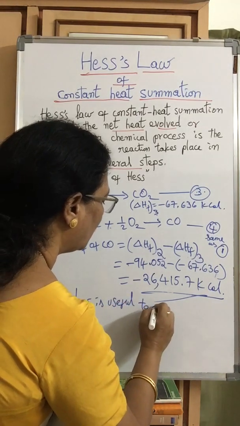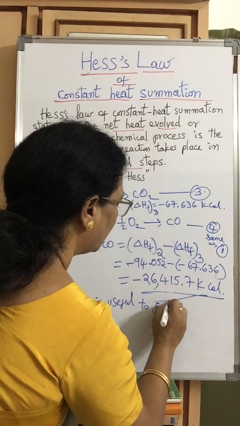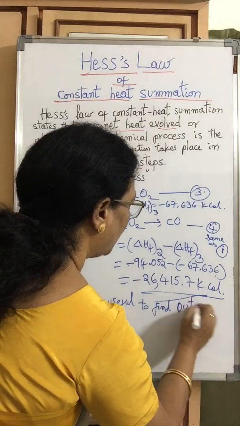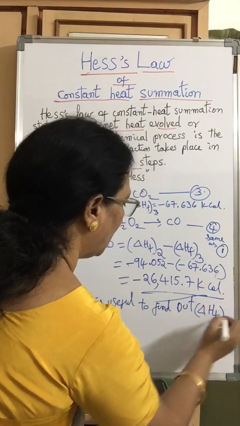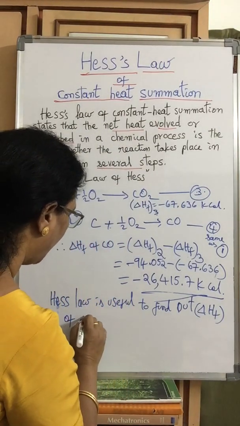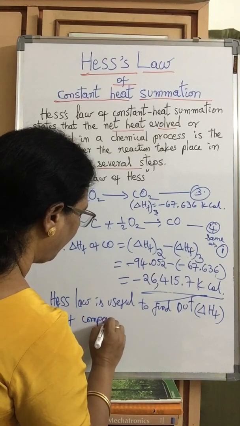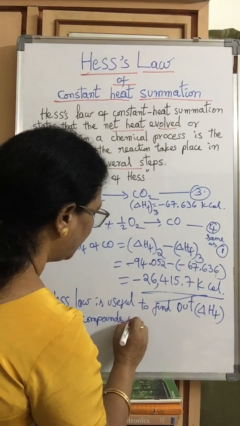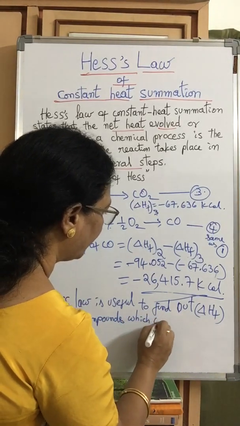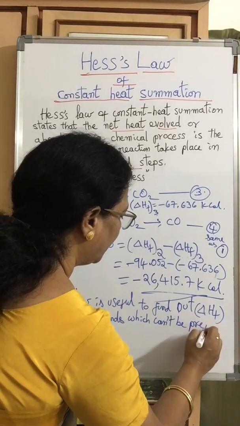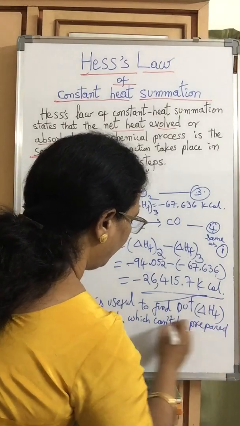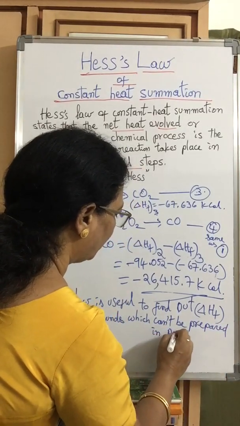to find out delta HF of compounds which can't be prepared in a pure form.